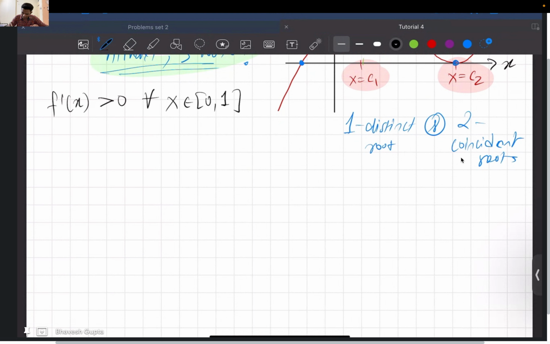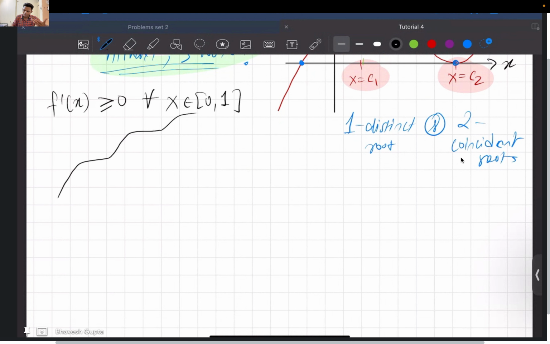Honestly speaking, it should be greater than or equal to, because even if f dash remains equal to 0 at a given isolated point, it's fine. Like you can still have this kind of growth here, a momentarily flat, horizontal, almost constant stretch, then it increases. So this is just increasing.